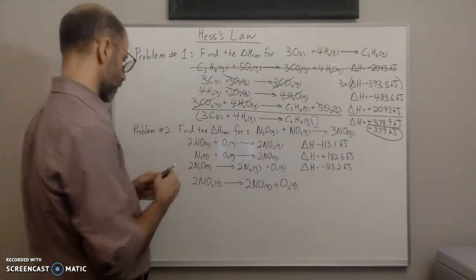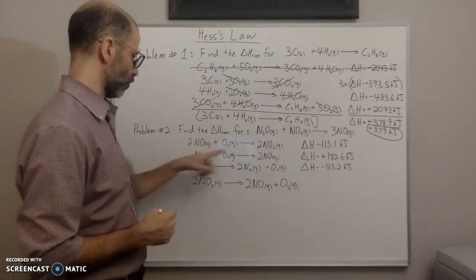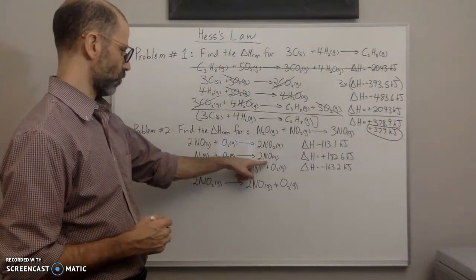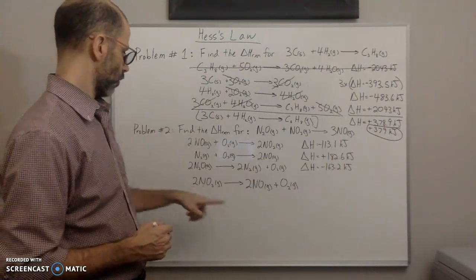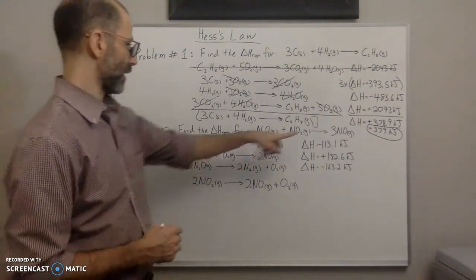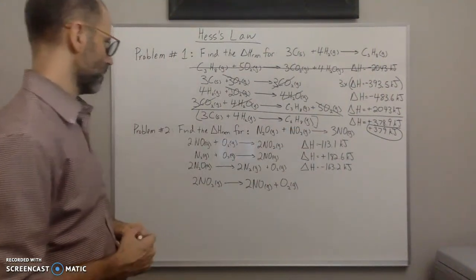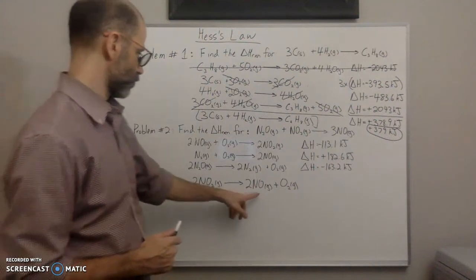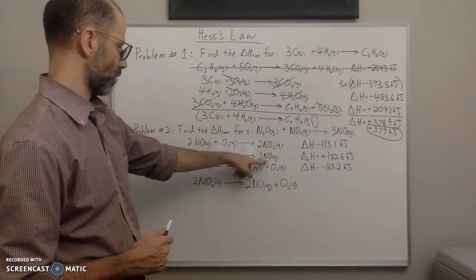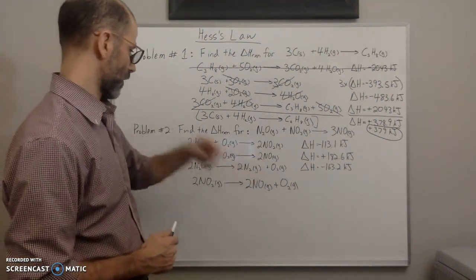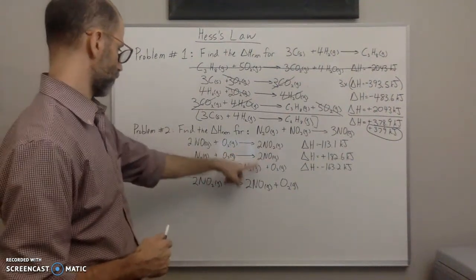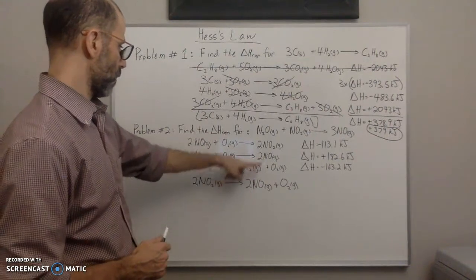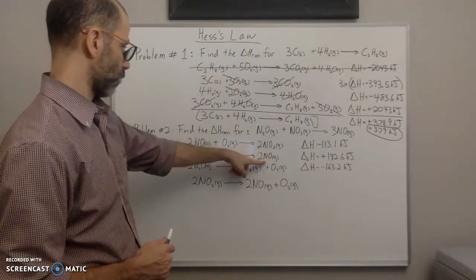The middle one also has NO as a product. Notice I have 2 here, but I need 3 as a product. So I have 2 NO as a product. This is already a product. So now I have 4. But I don't want 4, I want 3.